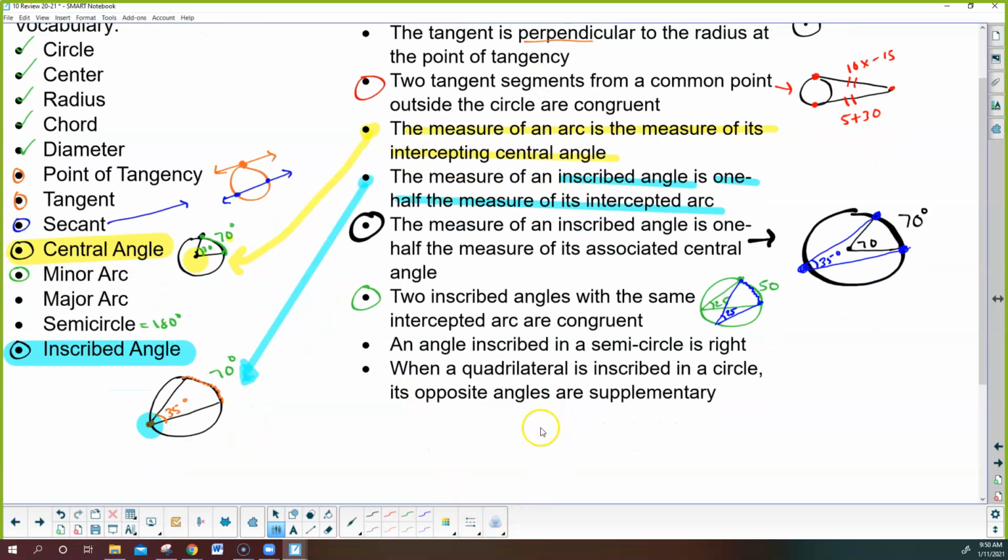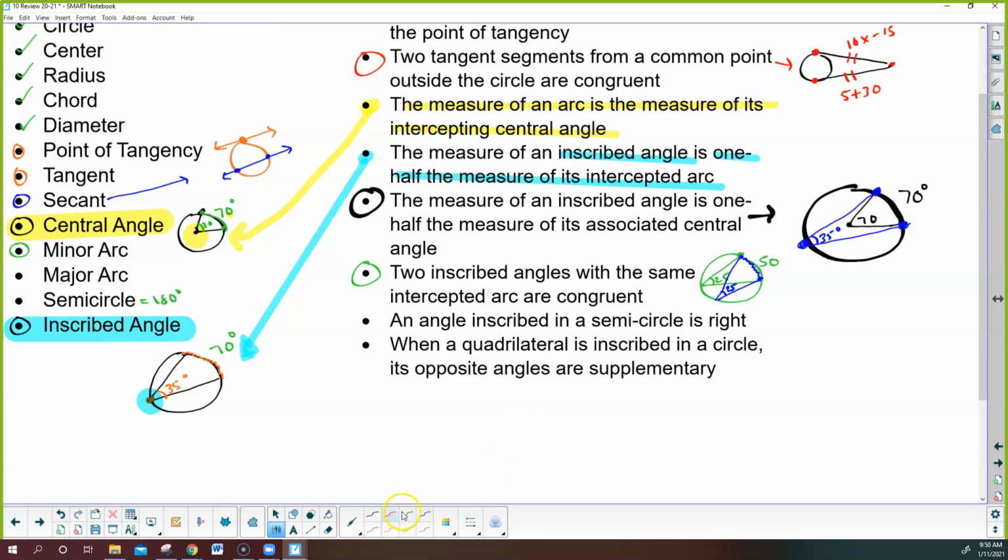Okay. And then we've got an extension on that: an inscribed angle in a semicircle is always right. So let's just do this.